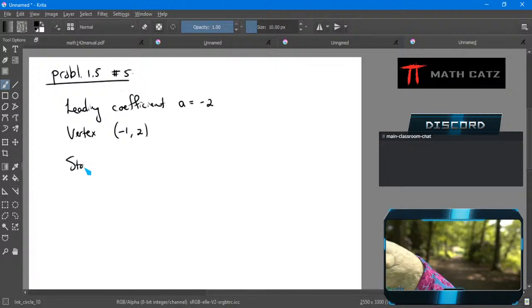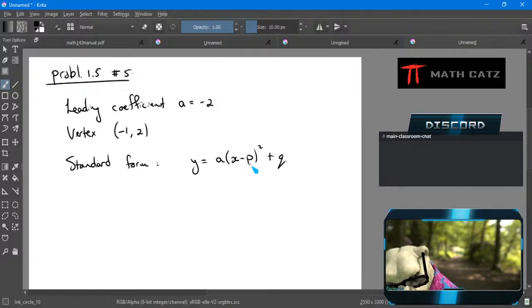So, standard form, or PQ form, y equals a(x minus p) squared plus q. It's always minus here. So that if p is a positive number, then the replacement transformation to x minus that number is shift to the right, which makes it convenient that the vertex coordinate is exactly that p if I have it as x minus p.